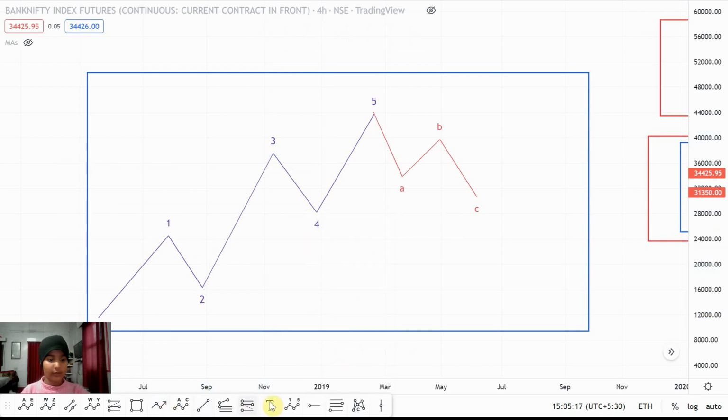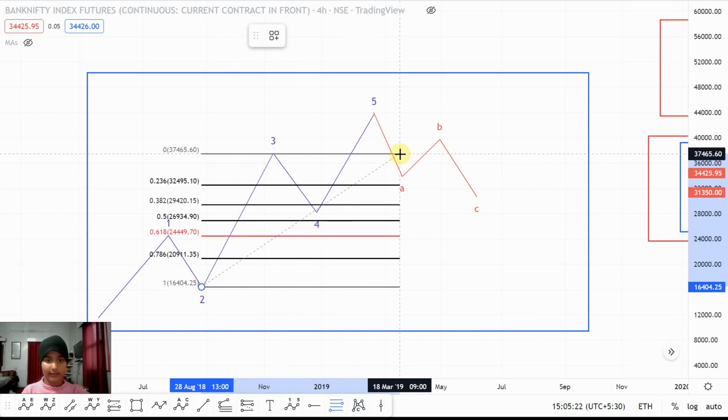For checking the fourth wave, we put a fib like this.